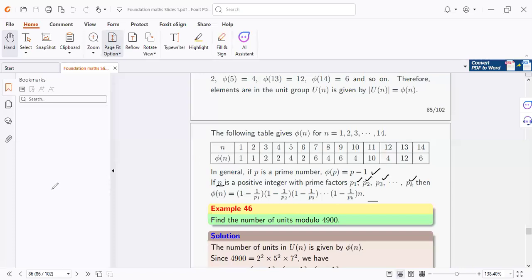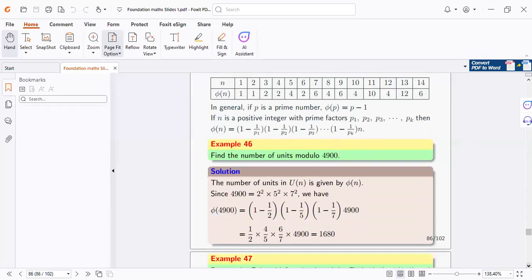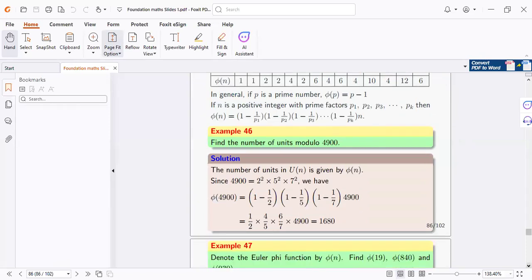So I take one example here, and the example says, find the number of units modulo 4,900. So the question is, how many numbers are relatively prime to 4,900? For me to do that, I don't need to list all of them.